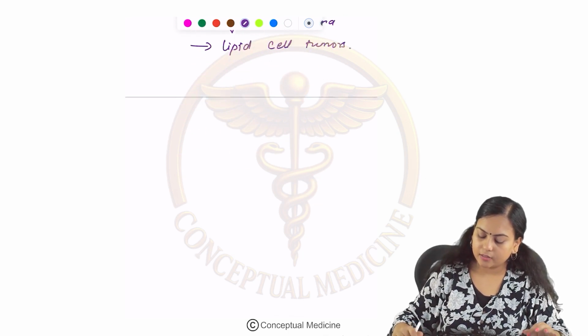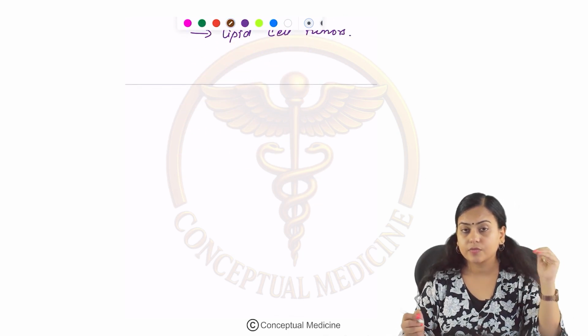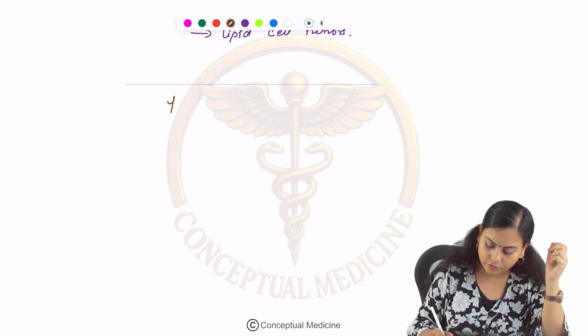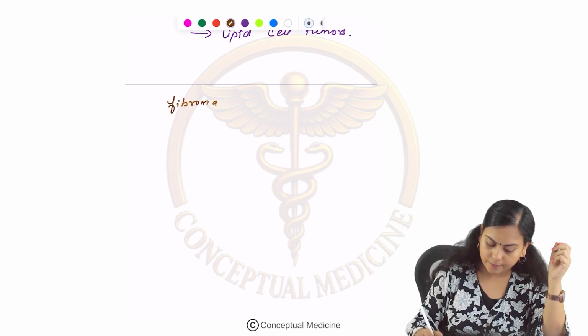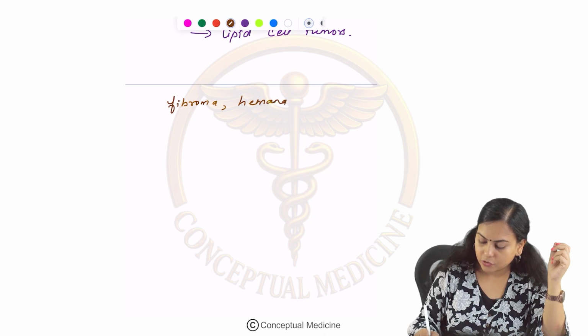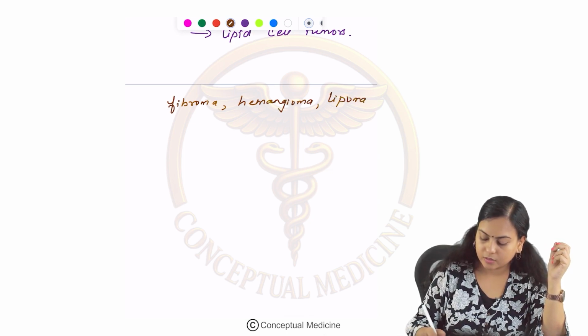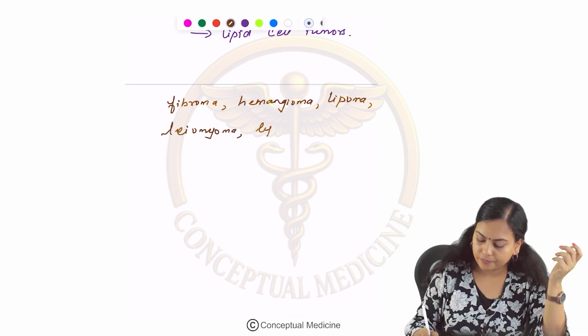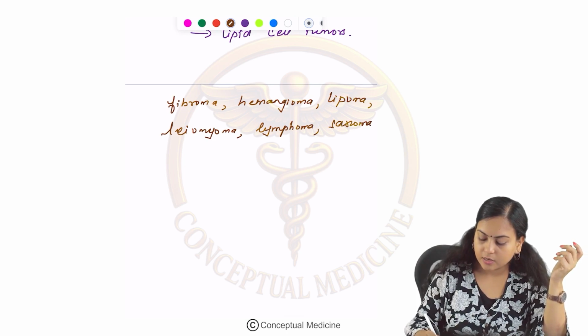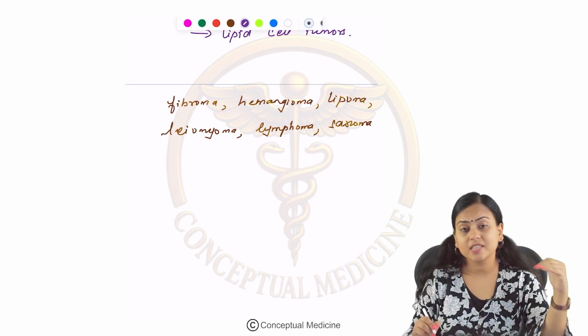Okay. The tumors that are arising from non-specific mesenchyme means that will include your fibroma, hemangioma, lipoma, leiomyoma, lymphoma, or even sarcoma. Okay. Then tumors that can metastasize to ovary.